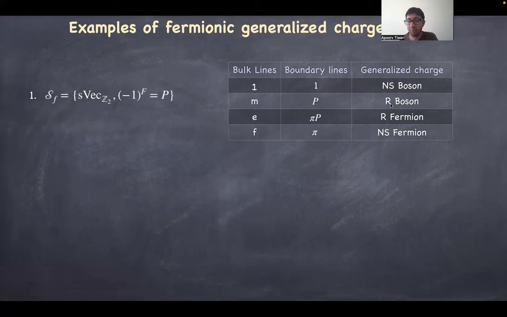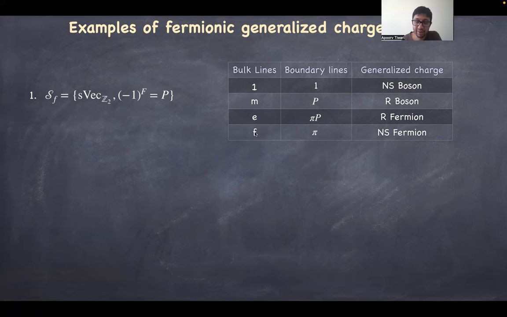So it's an R sector boson. However, the E line ends on a bosonic operator that's in the twisted sector of pi p. So I can think of it as a fermion parity twisted fermion. So it's an R sector fermion.